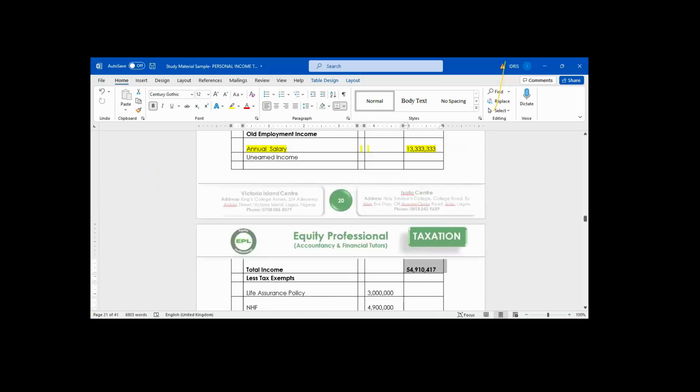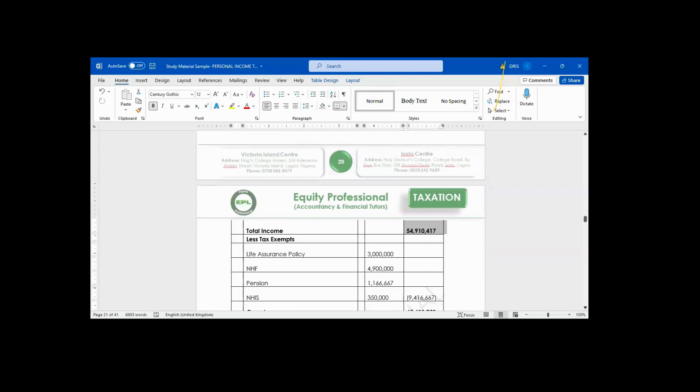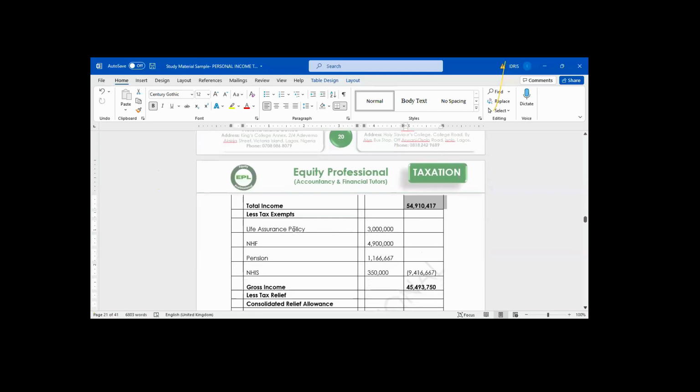So we write all the tax exempts. Life assurance, 3 million. NHF, 4.9 million. Pension, 1,166,667. NHIS, 350. At the end of the day, when you add all the tax exempt together, you will get 9,416,667.